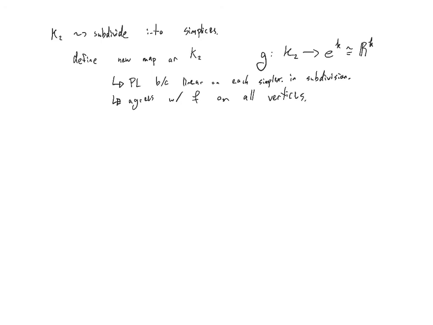Okay, so that's kind of a pain, but the idea is that on each of these little simplices inside of K2, f is doing something where it might be distorting this simplex over here as it maps into EK.